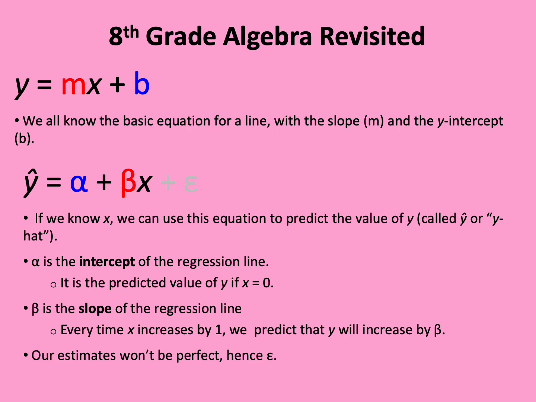Beta represents the slope of the regression line, which denotes that every time a given value of x increases by 1, we would predict that y will increase by beta. Because our estimates are not perfect, we also include that E symbol, which represents error. This will make more sense in just a moment.